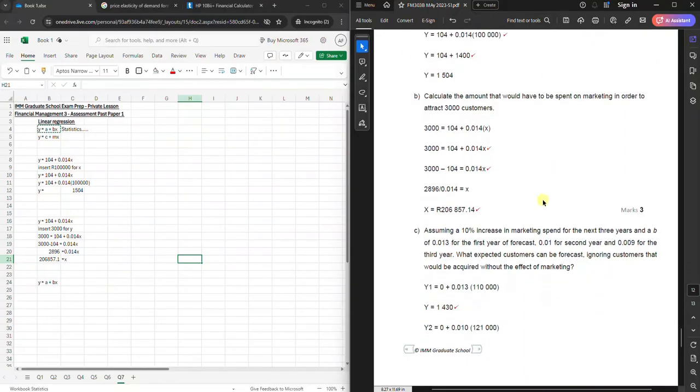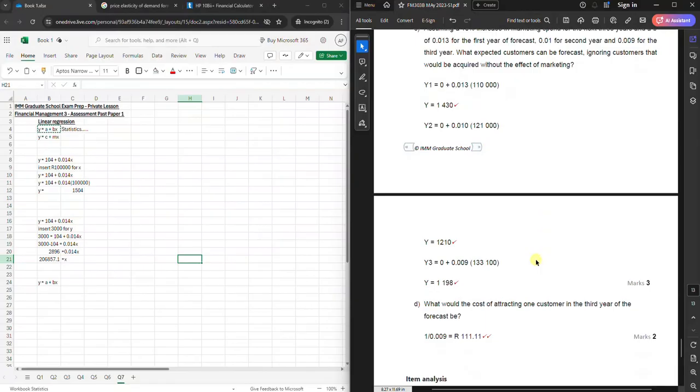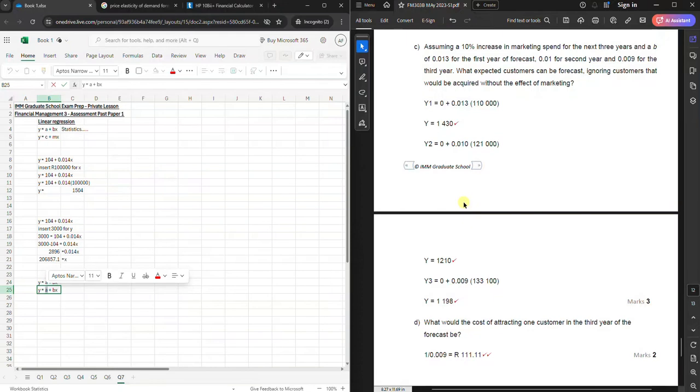Would you not just make Y 1 and then solve algebraically? What would the cost of attracting one customer in year 3 be? You possibly could. Let's check. What was my A value? My A value was 0.